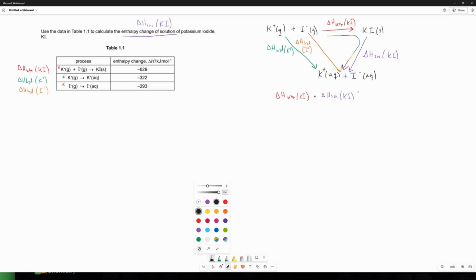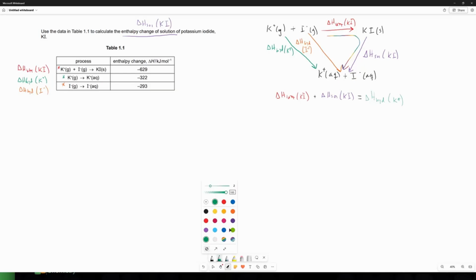To the other alternate path. So this is going to be equal to this side, the side that disagrees with their direction. And that's going to be the enthalpy change of hydration of, in this case, potassium ions. And if it was K2, for example, we'd have 2 potassium ions, we'd multiply this by 2, but that's not the case here.